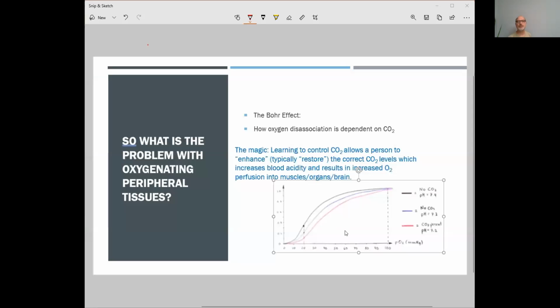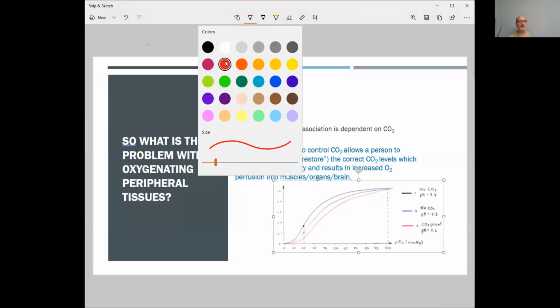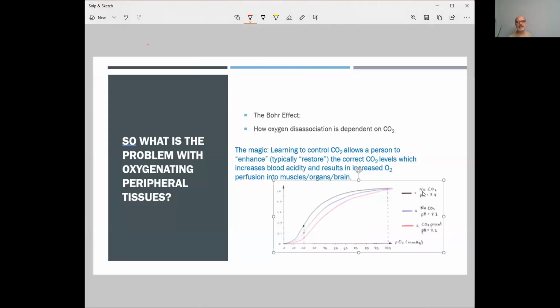So the Bohr effect came about a long time ago, in 1904. What the Bohr effect shows is that there is an ideal level of acidity in the blood.